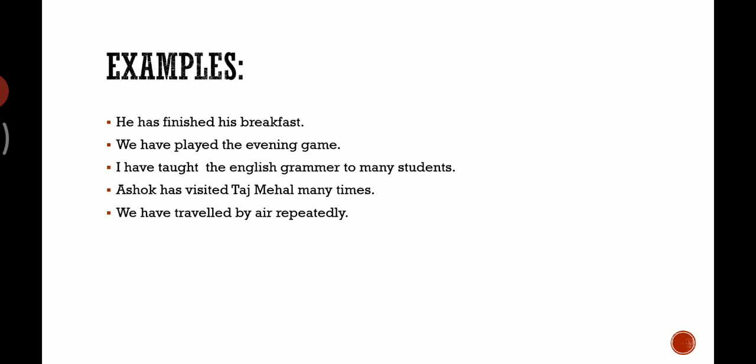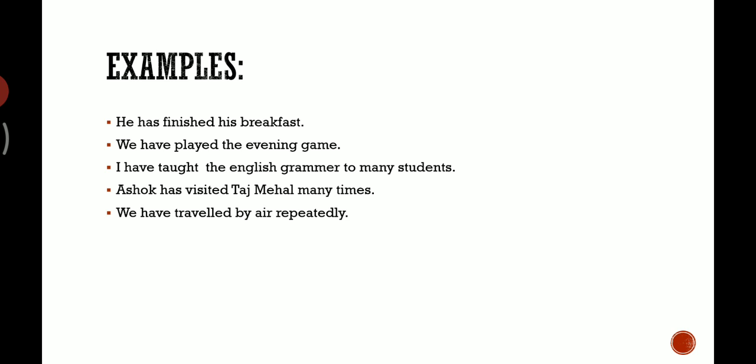Look at the sentence third, fourth and fifth. In sentence third, I have taught English grammar to many students, means I have an experience of teaching English grammar and that I continue to teach.